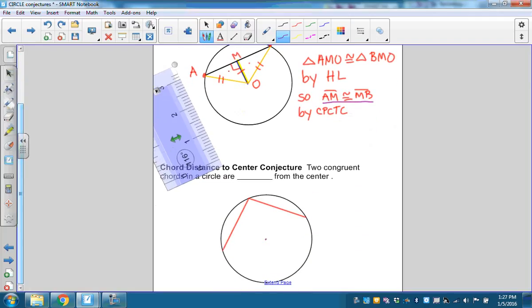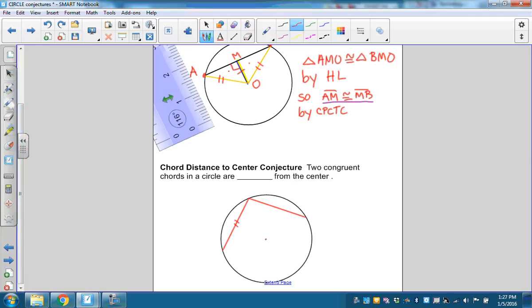And this last bit here, two congruent chords in a circle are blank from the center. So if we know we've got two congruent chords right here, and we look at the title, this is the chord distance to center conjecture.